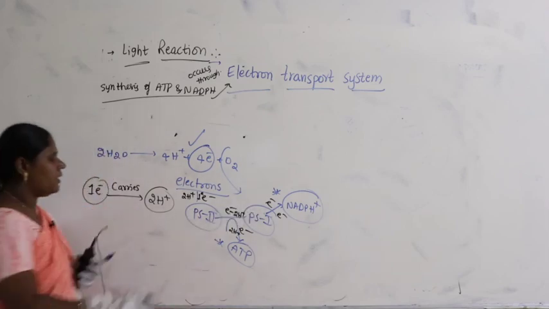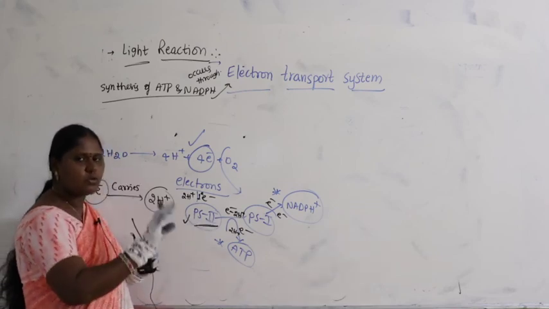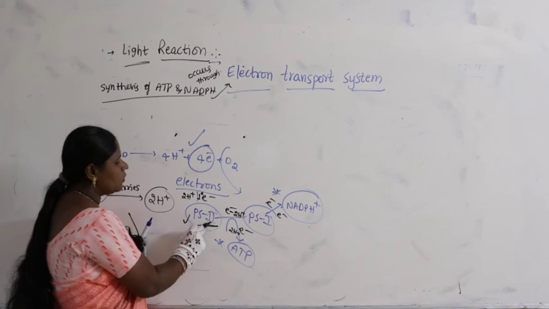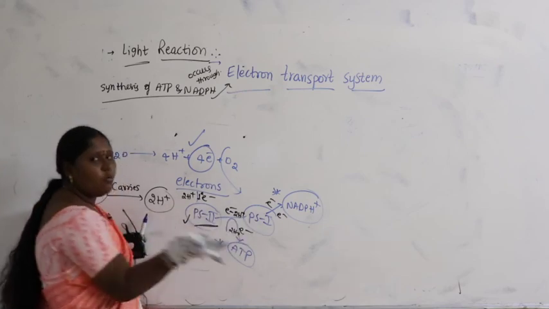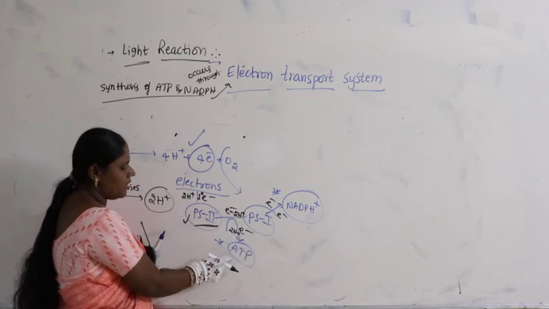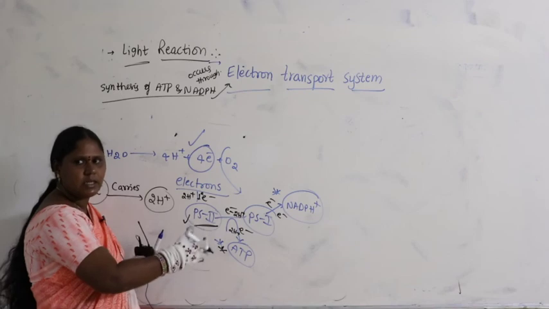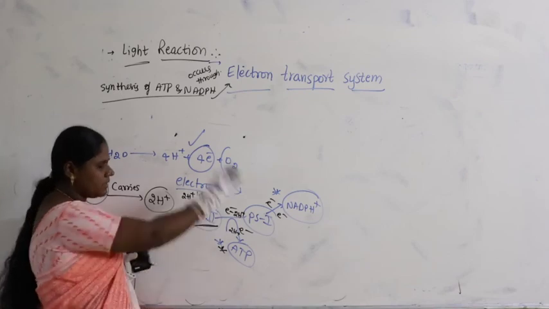In general, electrons first enter PS2, not PS1. From PS2 they enter PS1. While moving from PS2 to PS1, it generates ATP. Try to remember the steps; we will discuss this in detail.